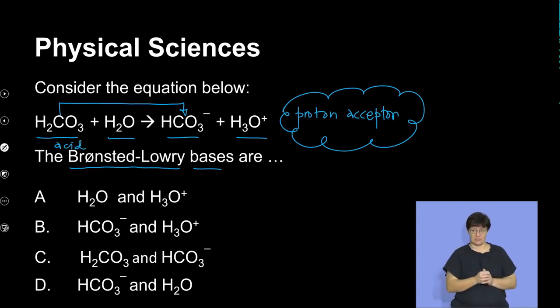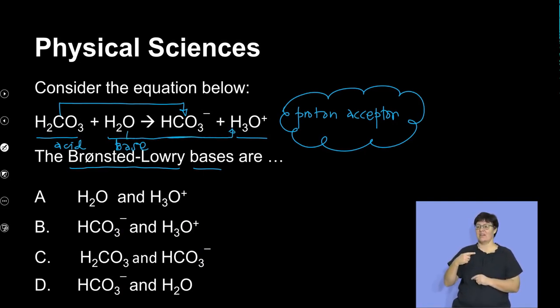Because this is an acid-base reaction, water acts as a base. Why? Because it accepts a proton. So when water accepts, it gives us the hydronium ion. So if water is a base, it means that the hydronium ion becomes an acid.